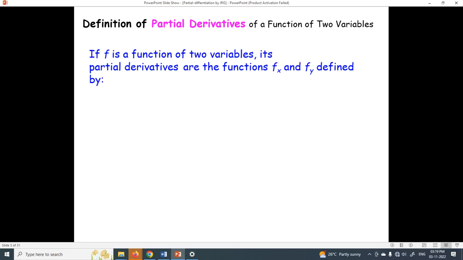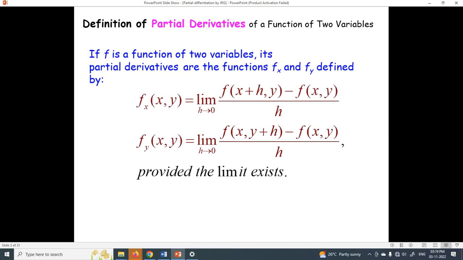If f is a function of two variables, its partial derivatives are the functions fx and fy, defined by fx of x comma y is equal to limit h tending to 0 of f of x plus h comma y minus f of x comma y divided by h. fy of x comma y is equal to limit h tending to 0 of f of x comma y plus h minus f of x comma y divided by h, provided the limit exists.